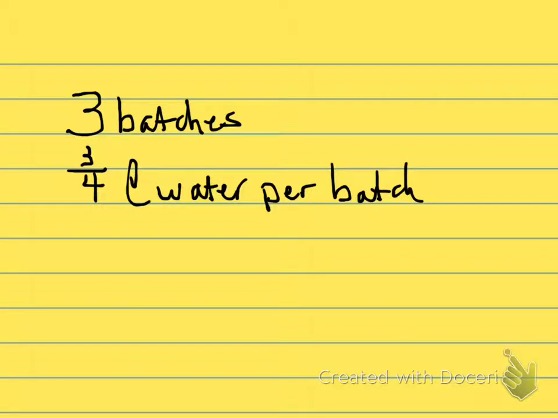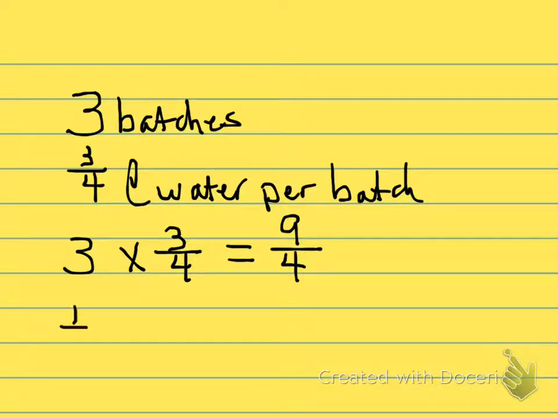Okay, so let's go ahead and start that. 3 batches times 3/4 of a cup. I'm going to go ahead and multiply 3 times 3, which is 9, and of course put it right over our denominator of 4. Now my question to you is, what do I do at this point? I know that I have a 1/4 cup measuring tool.